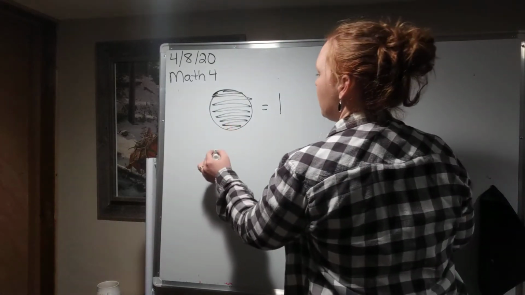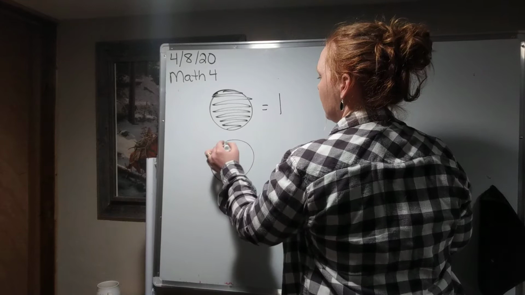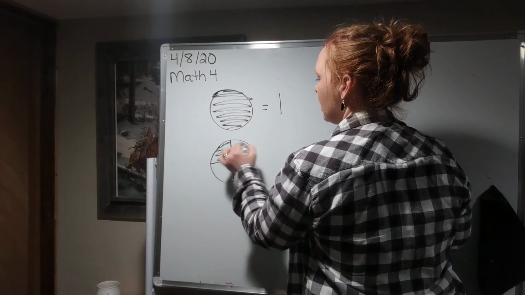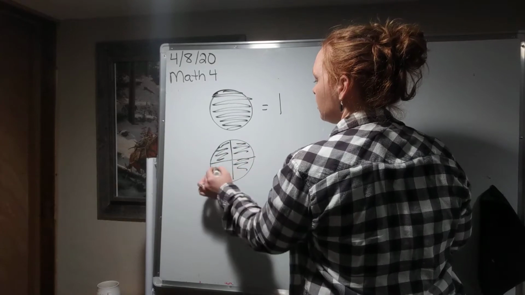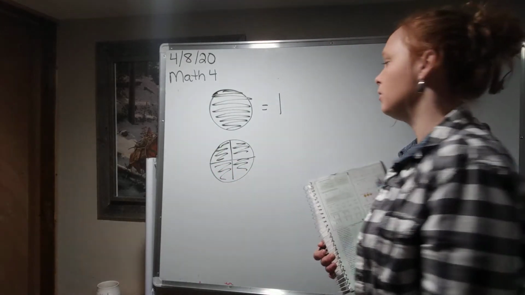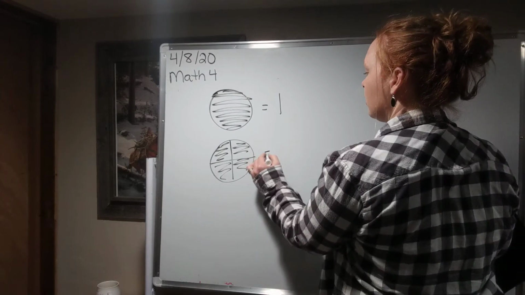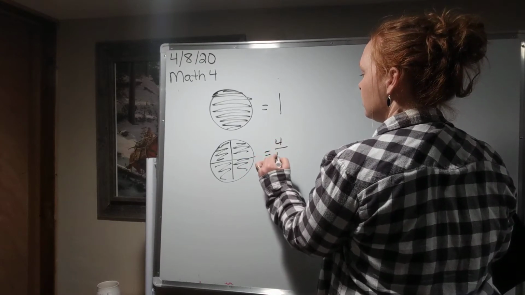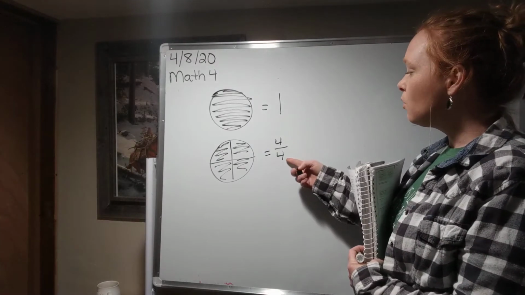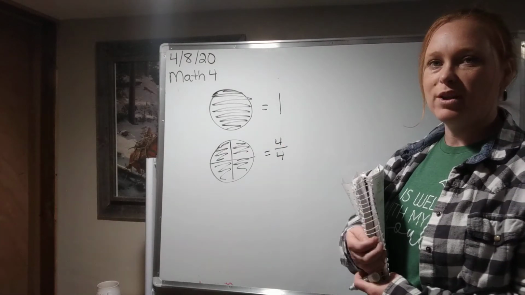But what if I took that pizza and cut that whole pizza into 4 slices? Now I haven't eaten any yet. Do I still have one whole pizza? I do. But what is the fraction of this? I have 4 shaded and 4 pieces. So 4 over 4 is the same thing as one whole.